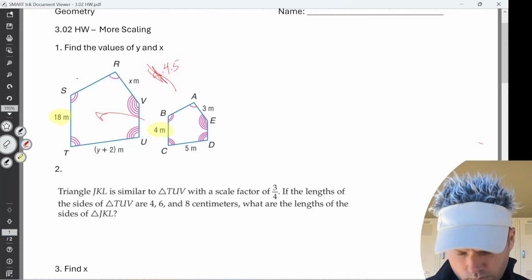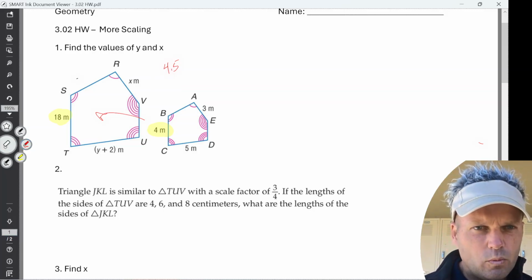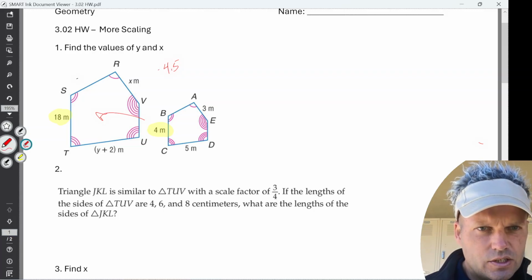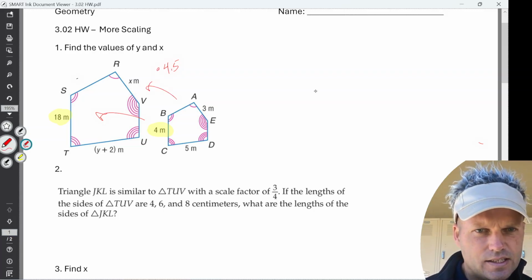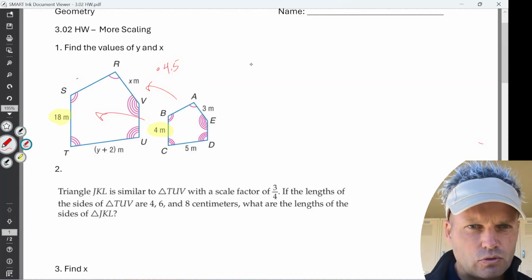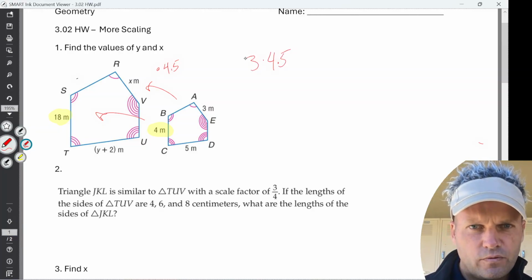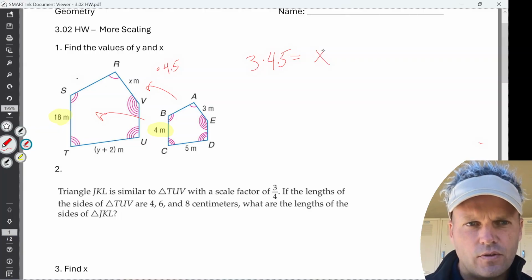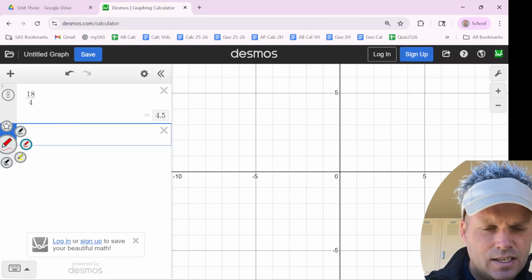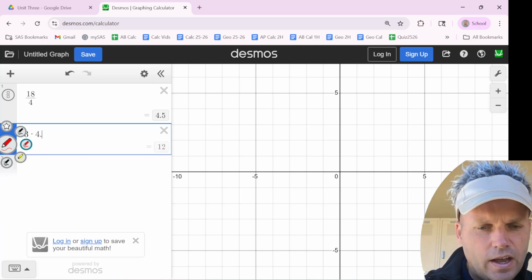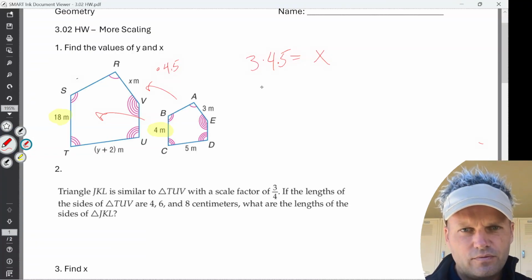So that would be one way to approach this, is to just understand that AE, which is 3, times 4.5 will give us our value of RV, which is X. So 3 times 4.5 is 13.5.